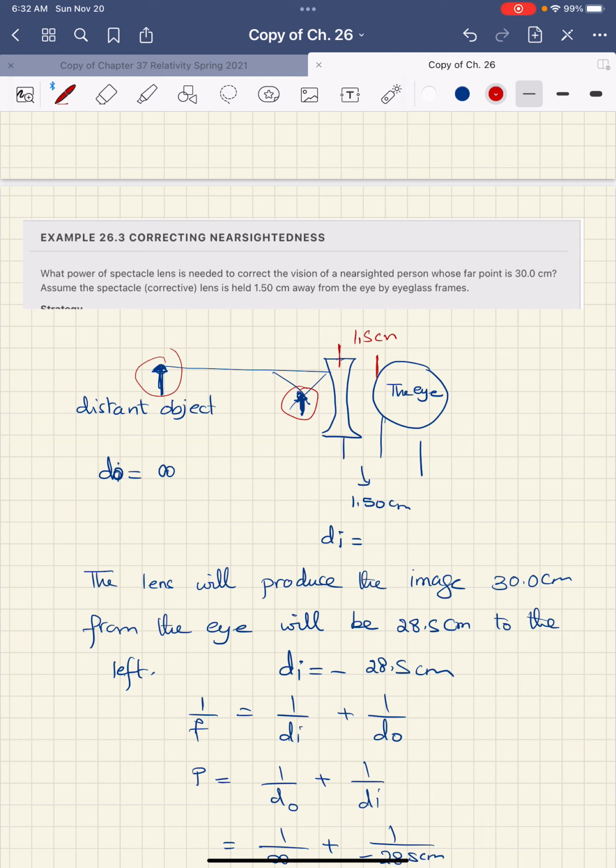Therefore, when we decide on the distance of the image, we know that the lens will produce the image 30 centimeters from the eye, but the lens is 1.5 centimeters from the eye. Therefore, the distance for the image is going to be negative 28.5 centimeters. Why is it negative? Because it is to the left, and the object is to the left.